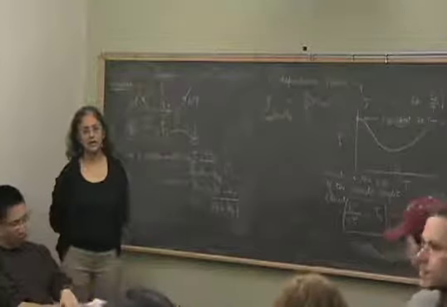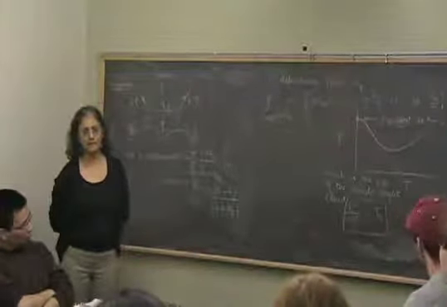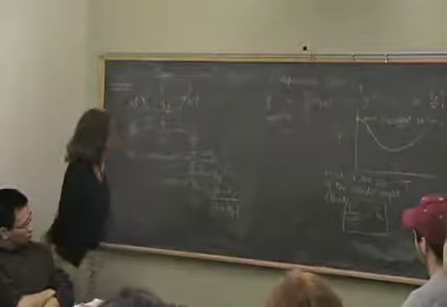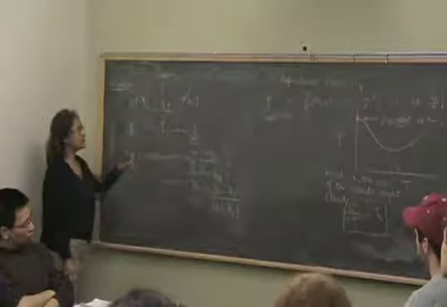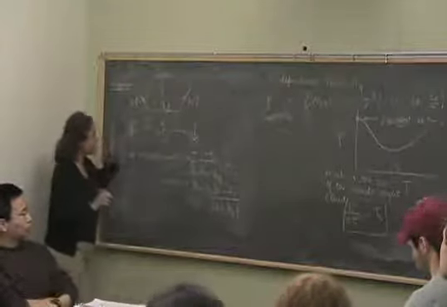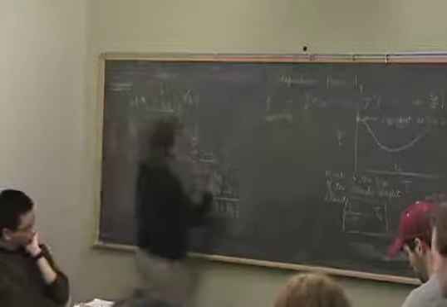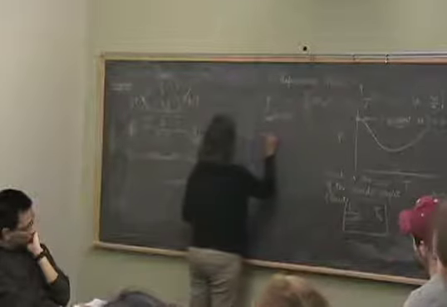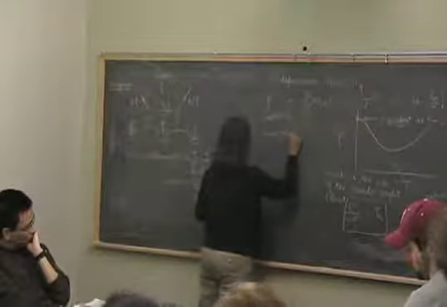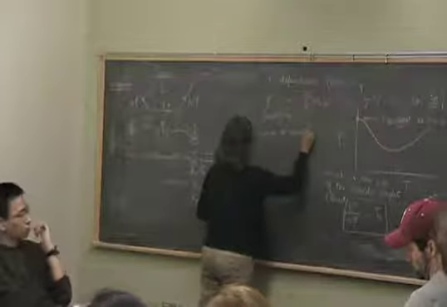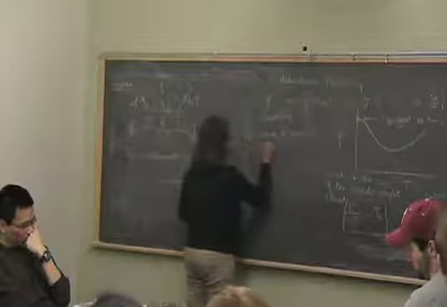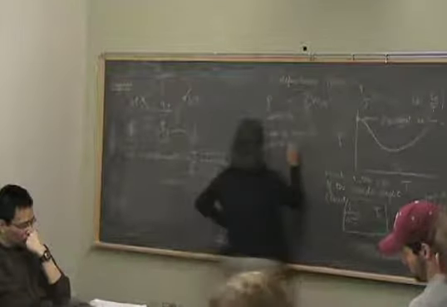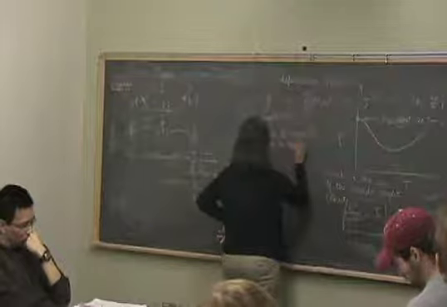Why is the formation of the Kondo cloud giving rise to the increase of resistivity? Let me back up a bit. So the increase of resistivity, let's write down a few things. Increase of resistivity is due to spin flip scattering, let's say.